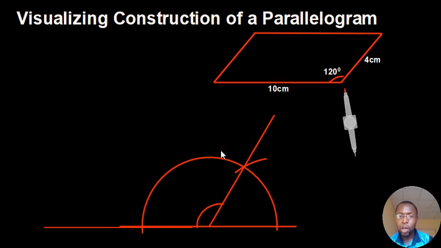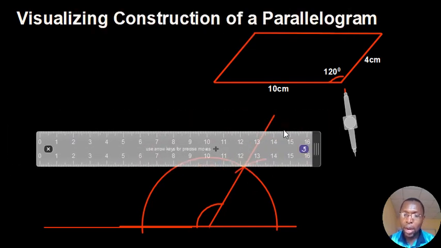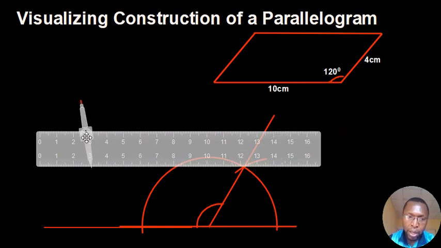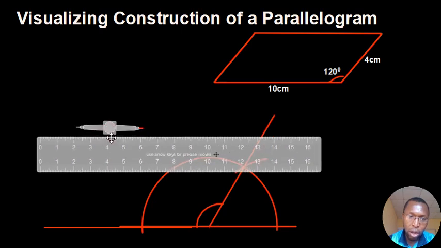Okay, so the next thing you need to do now is to measure this 4 centimeters also. The other length of this side here has to be 4 centimeters. So I get my ruler and I will get my compass too. I want to get 4 centimeter length. Let me make my compass in the horizontal form so that I can measure length 4 centimeters on the ruler.